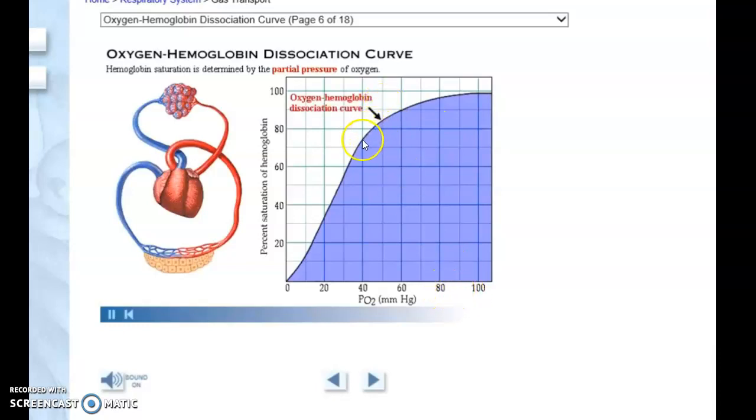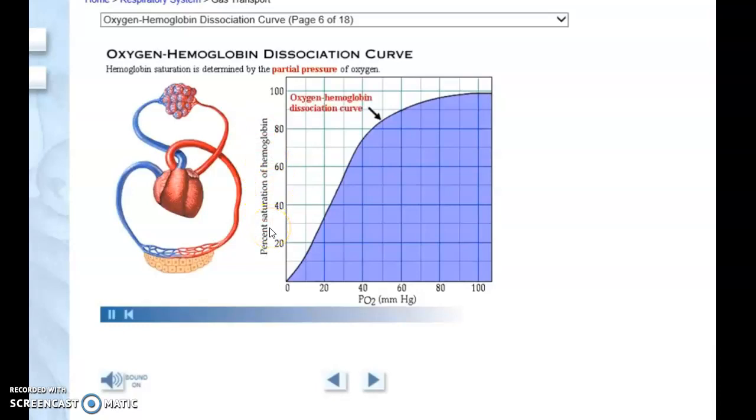But notice here the curve has a steep drop to it. If my partial pressure was 40, then my saturation drops to about 75. And if my partial pressure was 20, it drops all the way to probably the low 30s for saturation.